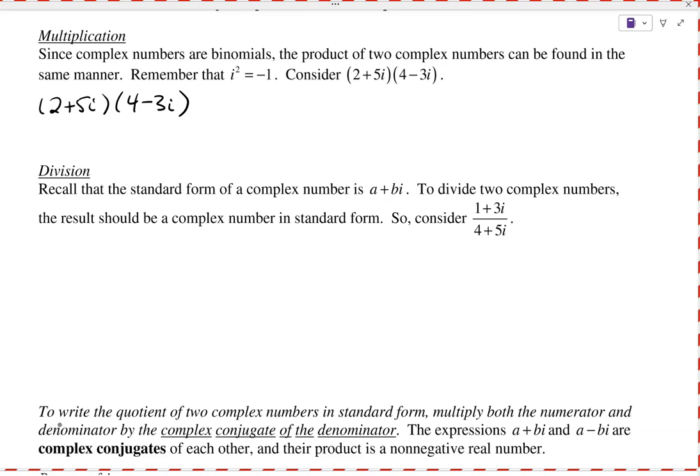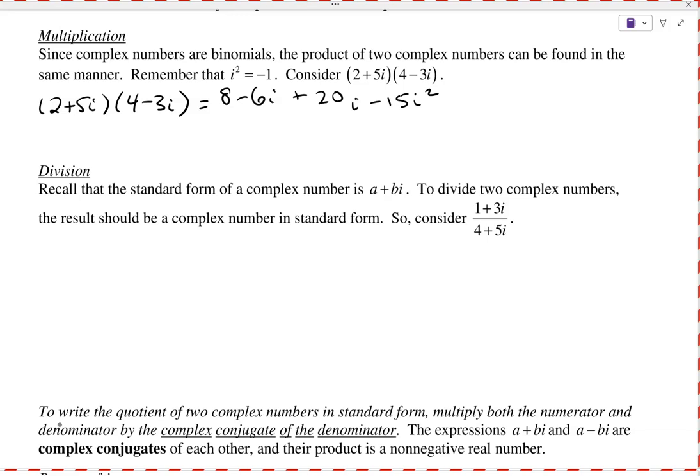If you were going to multiply this out like we've done before, what would you get? Not a trick question. What would we get? Minus 15i squared, right?